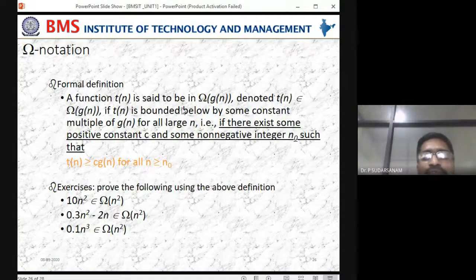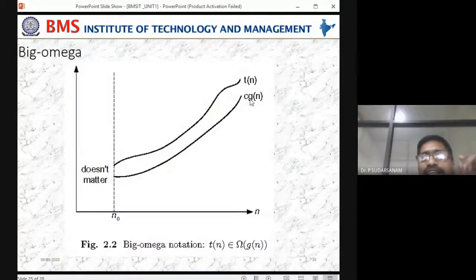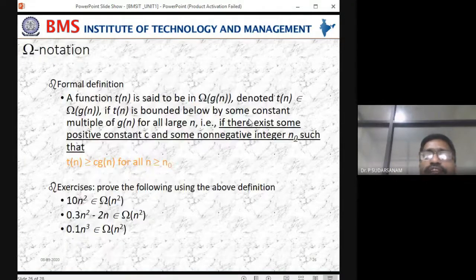That's what I told you. And t of n is bounded below by some constant multiples of g of n. So just change it: t of n is below some constant multiple of g of n. It is just a way of writing English, so you can write it whichever way you want. T of n is bounded below by some constant multiples of g of n for all larger values of n.